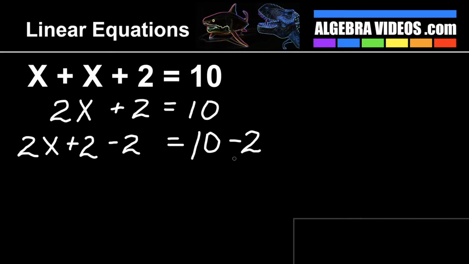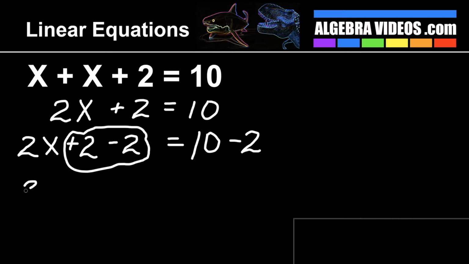We can do anything we want to both sides of an equation as long as we do the same thing to both sides of the equation. You can multiply by anything, divide by anything, add anything, subtract anything, as long as you do it to both sides of the equation. Okay, so going back here, this term right here of positive 2 and negative 2 simplifies to 0, right? 2 minus 2 is 0.